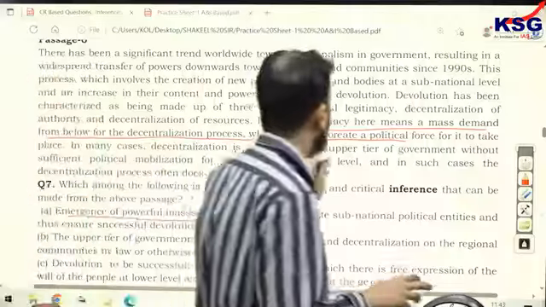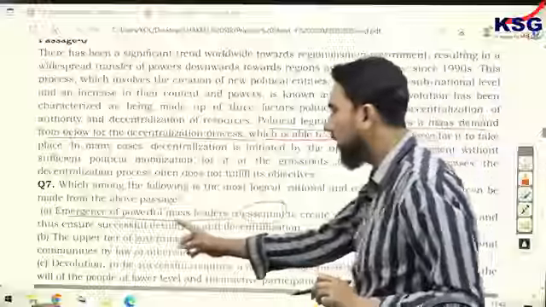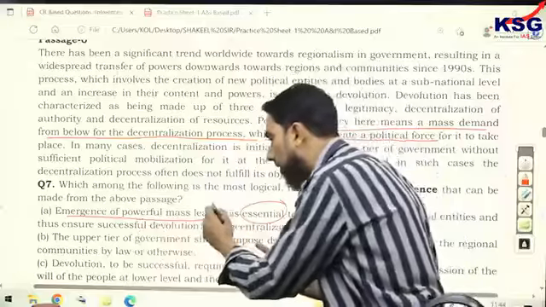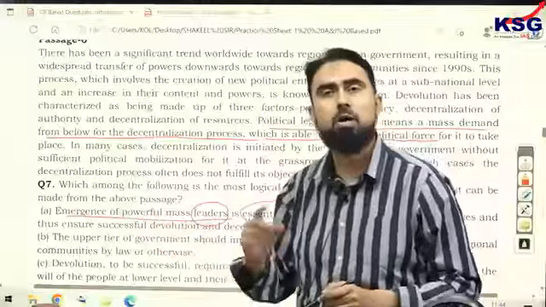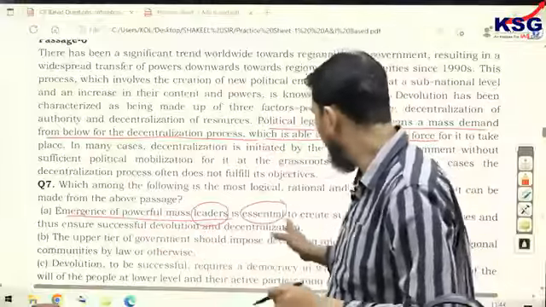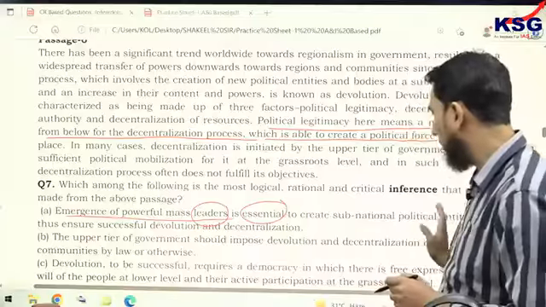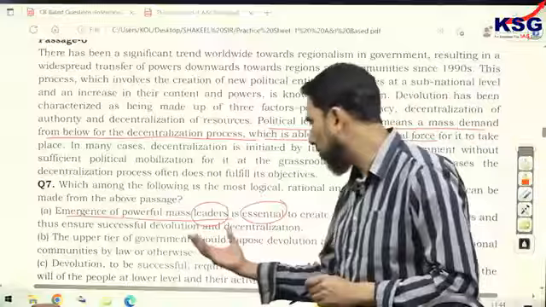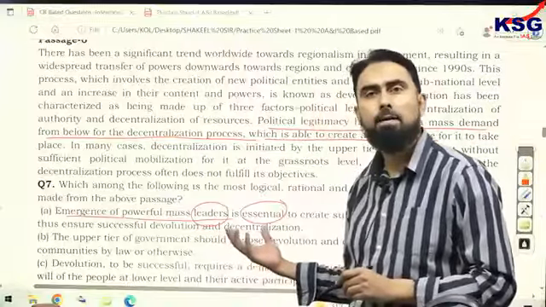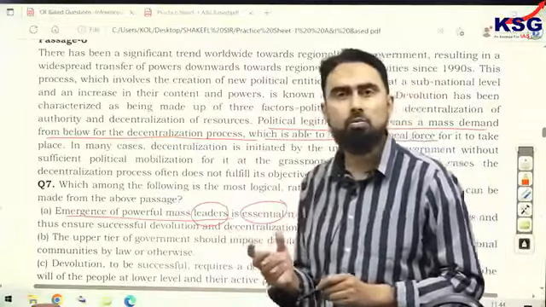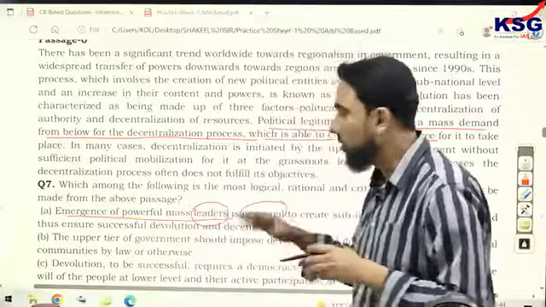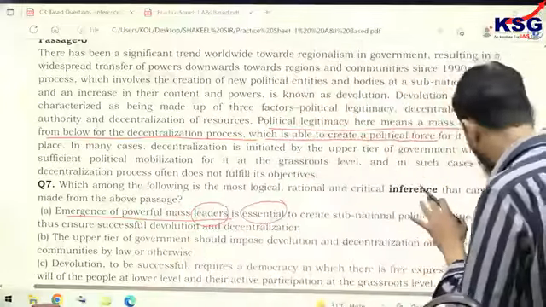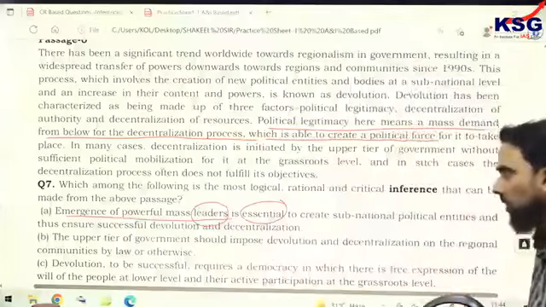Now this one is saying emergence of powerful mass leaders is essential. It means without the emergence of mass leaders, devolution cannot be done. Because the word essential is a very strong word, which means without it, the other thing is not possible. However, it may not be so, because the author has only told us that there is a mass demand from below.